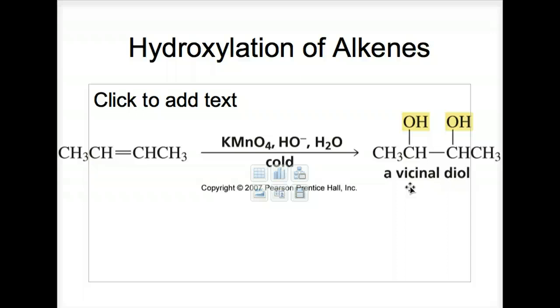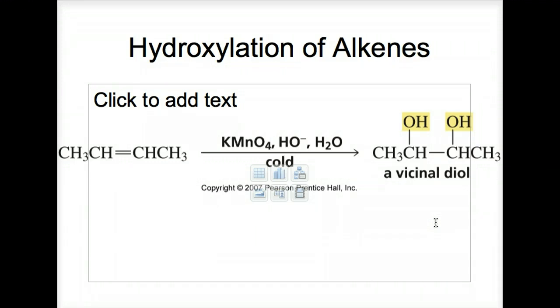But here we go. Here's the reaction that we're talking about. 2-butene undergoing oxidation, forming a vicinal diol, or 2,3-butane diol, a glycol type molecule. The 2-butene is oxidized to 2,3-butane diol with potassium permanganate.